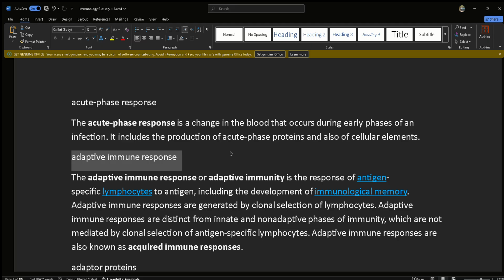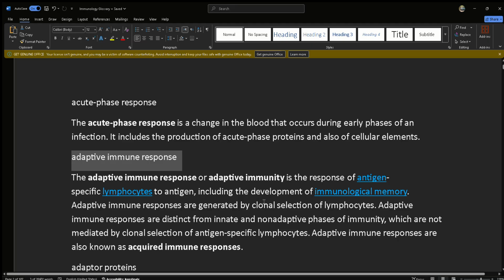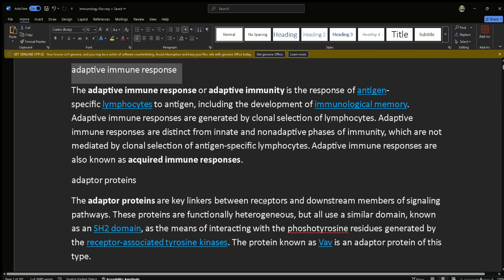Adaptive immune responses are also known as acquired immune responses. So it is the immune response that takes place when our immune cells, the lymphocytes, are exposed to the antigen, producing an immune response and immunological memory, and it involves clonal selection of lymphocytes.